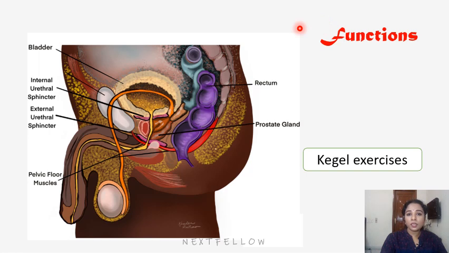Continence is maintained by these pelvic floor muscles, and it also facilitates birth, helps in fixing of the head, resisting the descent of the presenting part, and causing the fetus to rotate forwards to navigate through the pelvic girdle.